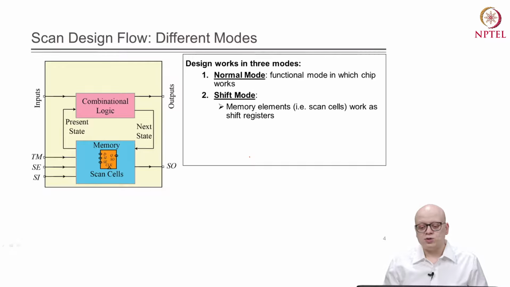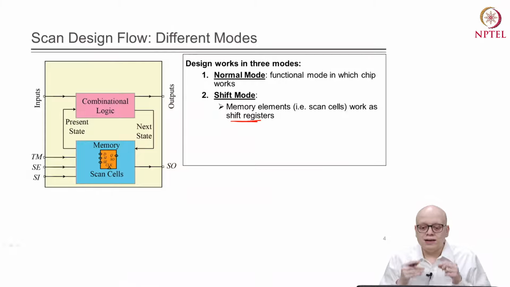Then in addition to normal mode, we have a shift mode, and in shift mode what happens is that memory elements work as shift registers. By making changes in our design, we have replaced all the memory elements with scan cells, and then made a shift register or scan chain using these scan cells.